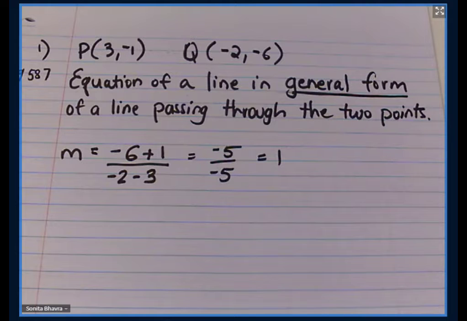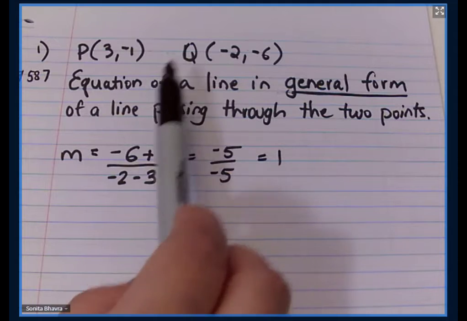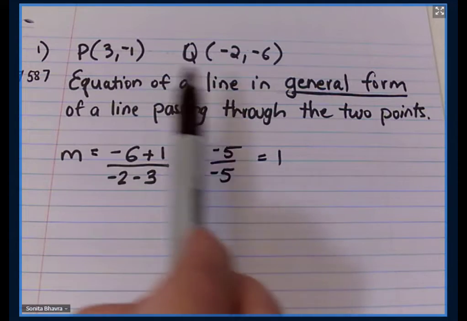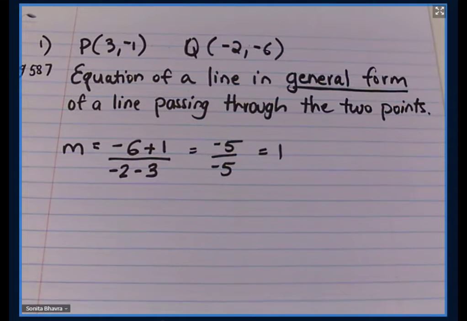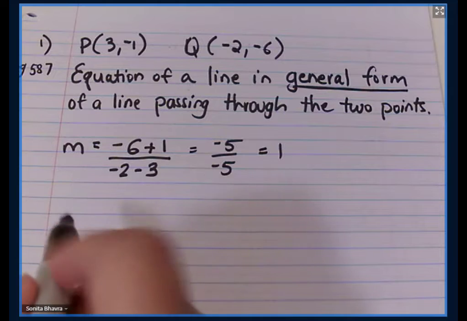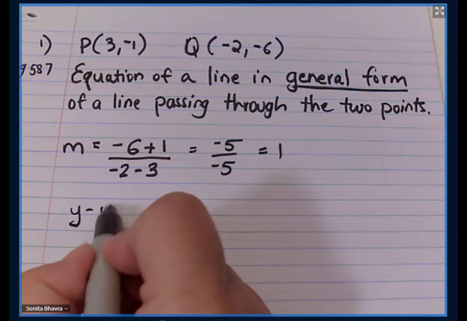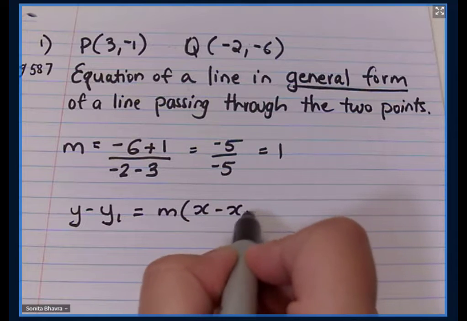So now, because we have 2 points, you'll use 1 point, either one, and you have your slope. You can use the slope point form, which is y minus y1 equals m times x minus x1.